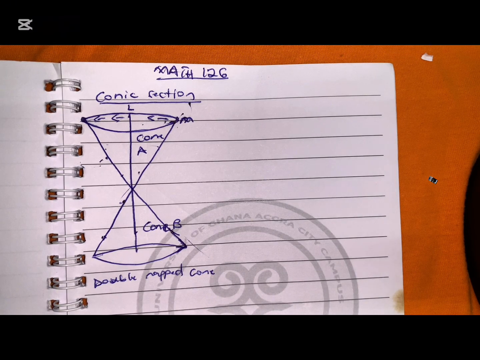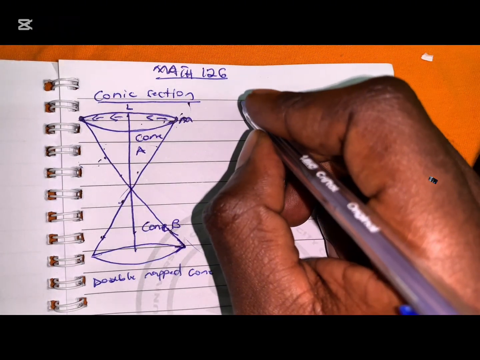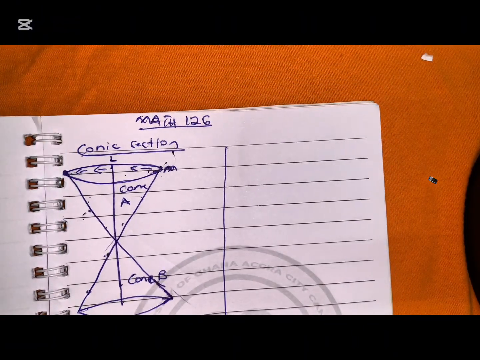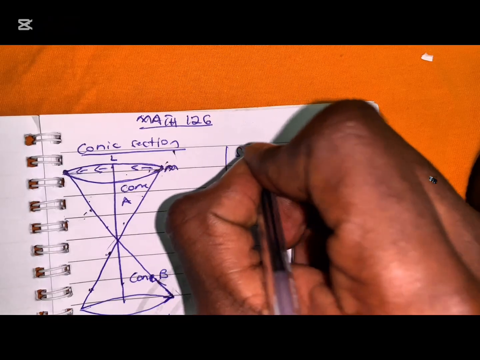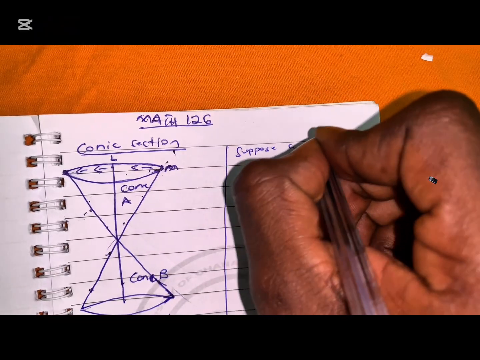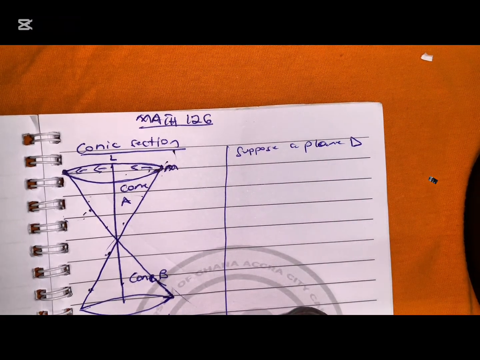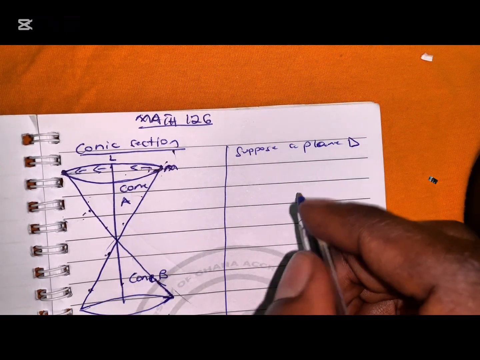Now, how does the division begin? This is how the division begins. We have, suppose, a plane D that begins to work on these two cones that we have.